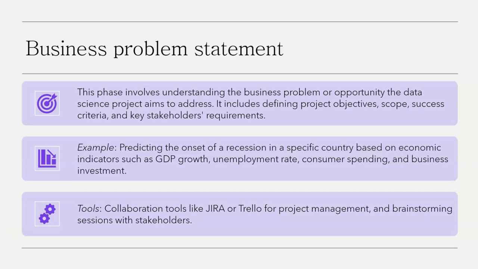The first step is business problem statement. For any project, we have to make sure the problem we are dealing with is clearly understood. In a particular business problem, we have to make sure the client requirements are detailed and described. For example, I am going to talk about a simple example in this video.